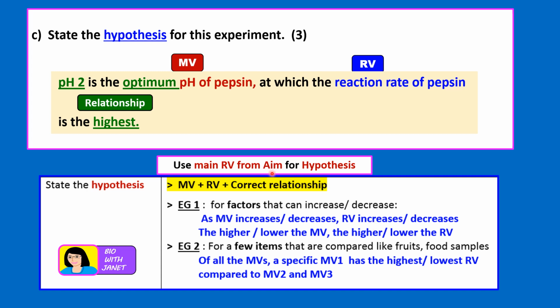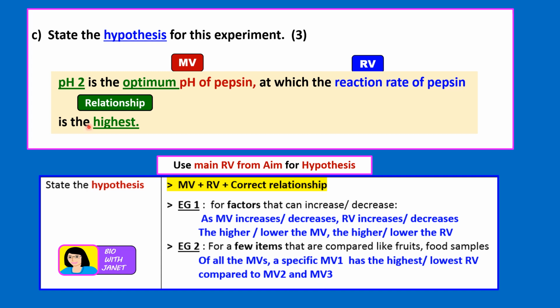But the one we are using here for pepsin is using the second format. For a few items that are compared, like fruits or food samples, or in this case the pH, we can write this format: of all the MVs, a specific MV has the highest or lowest RV compared to the other MVs.